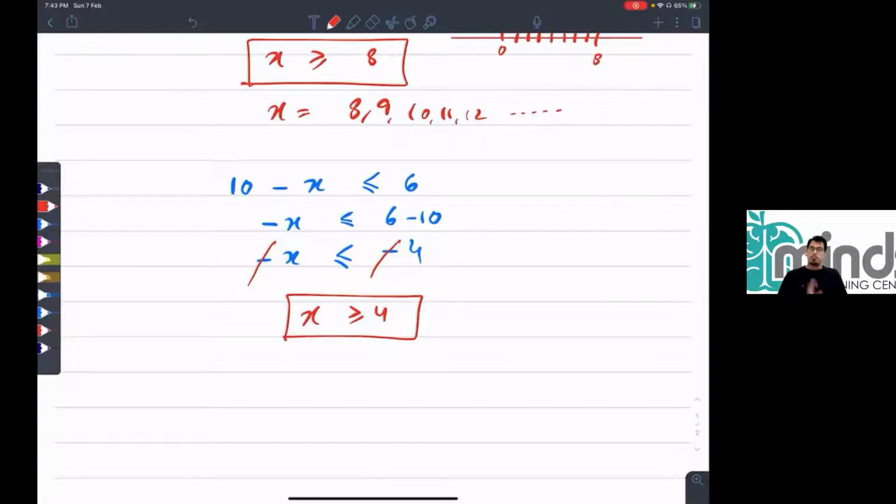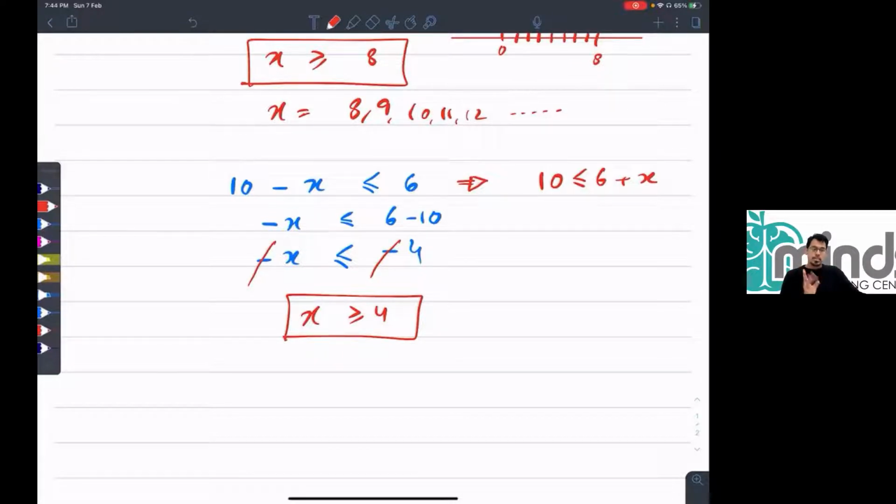If you are not getting it, make your life easy. How? Transform the equation in a manner that x becomes positive. So instead of solving the question this way, I will solve it like this. I will write it this way: 10 less than equal to 6 plus x. Because I want to make x positive, minus x on the left hand side, I move it to right, it will become plus x.